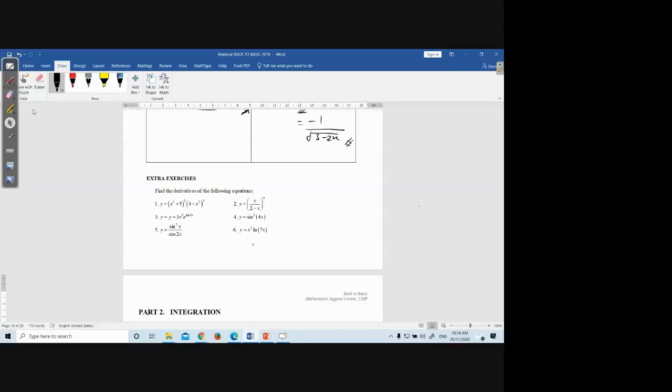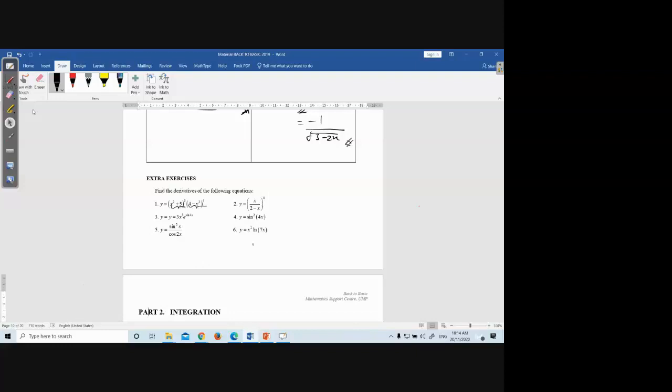Can you suggest what is the technique to differentiate the first equation? Product rule. Chain rule. Chain rule, product rule, it's a combination. Product rule because we have a function multiplied by another function of x.